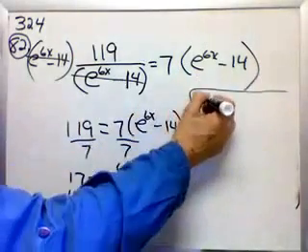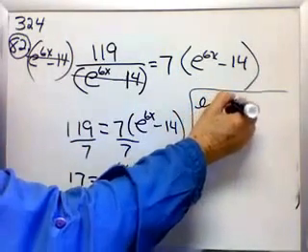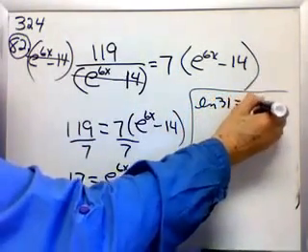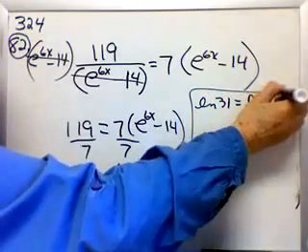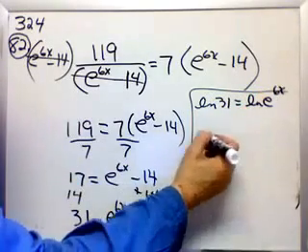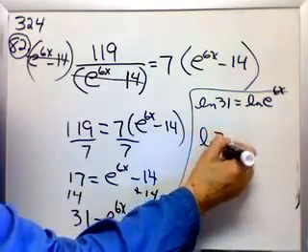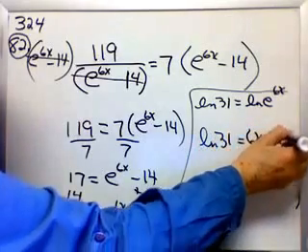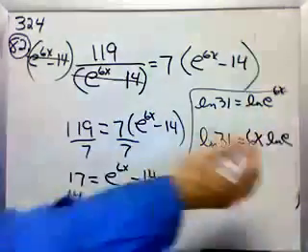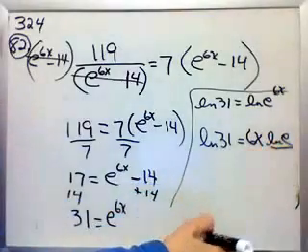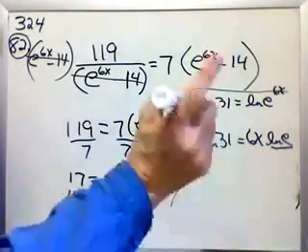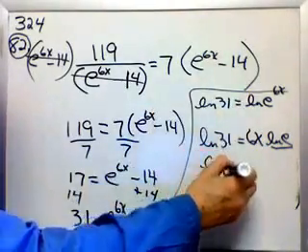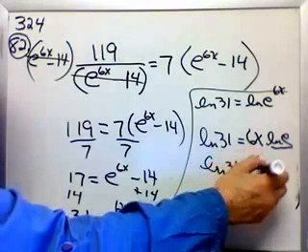So I'll take ln 31 equals ln e to the 6x. So ln 31 equals 6x ln e. Now, hopefully you remember that's a special substitution because ln e is 1. So now I have ln 31 equals 6x.